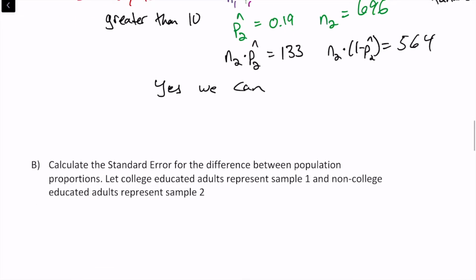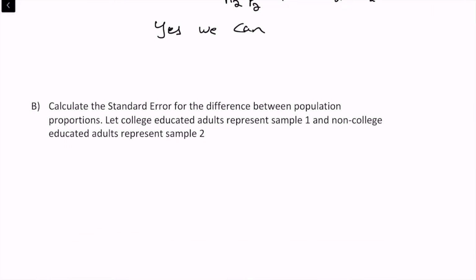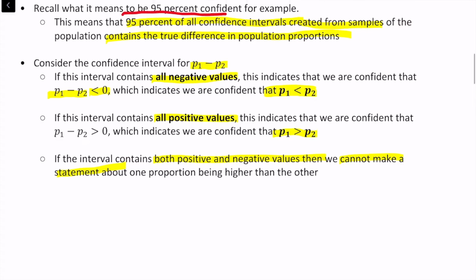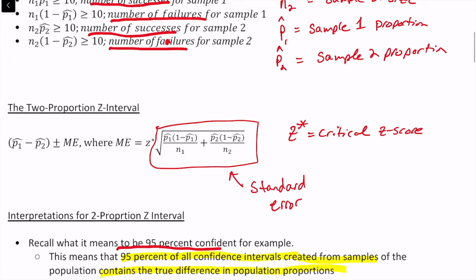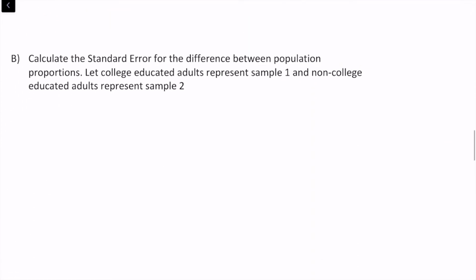Calculate the standard error for the difference between population proportions. Remember the standard error, if we go back, that was part of our margin of error. It was the square root of P1 hat times 1 minus P1 hat, and so on. So let's just copy down that formula here.